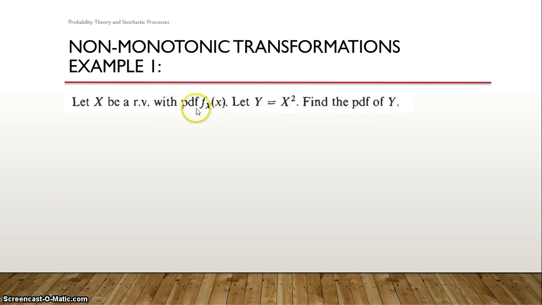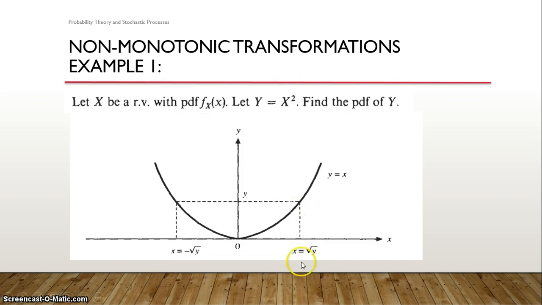Already we know that, and now we have to calculate the density function of y. With PDF fx of x, it is the simple general convention: substitute x and write it in terms of y, then it will give you the result. This is the graph, x and then y. This is y is equal to x square.